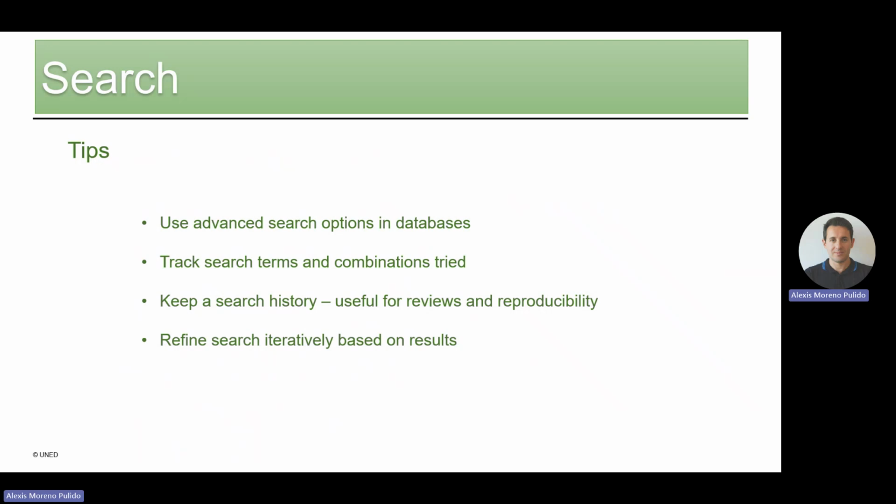Maintaining a search history helps you avoid redundancy, refine your strategy over time, and ensures transparency, especially important for systematic reviews or thesis documentation. By reviewing your search outcomes and adjusting accordingly, you can improve both the precision and breadth of your results.